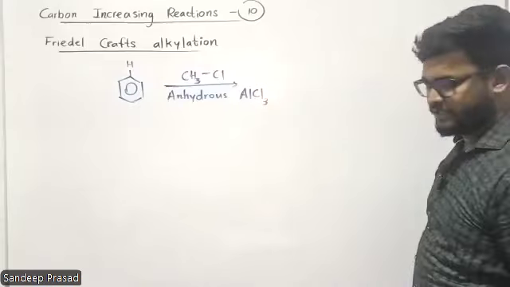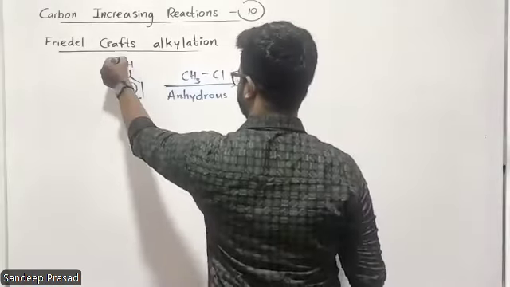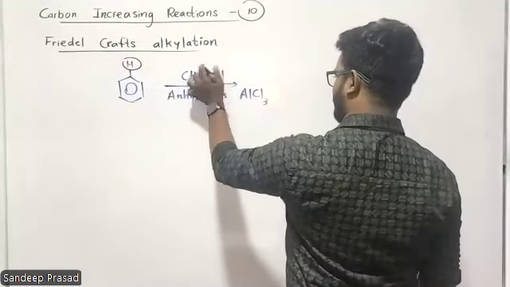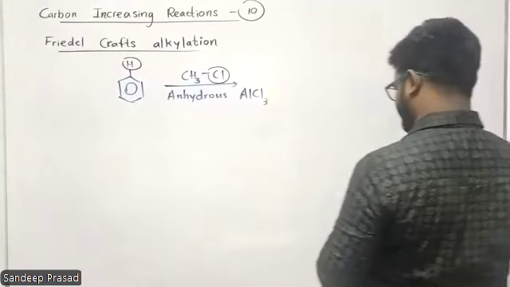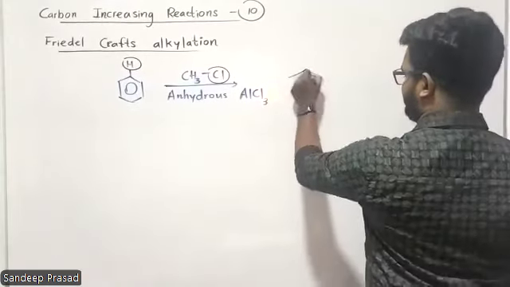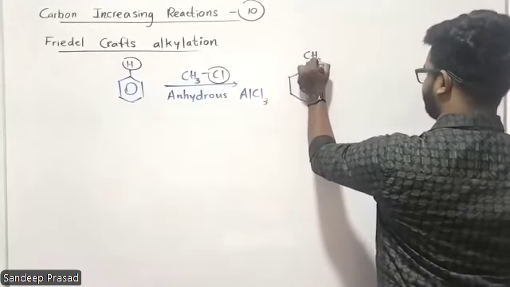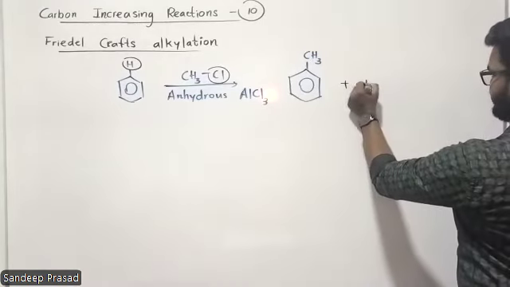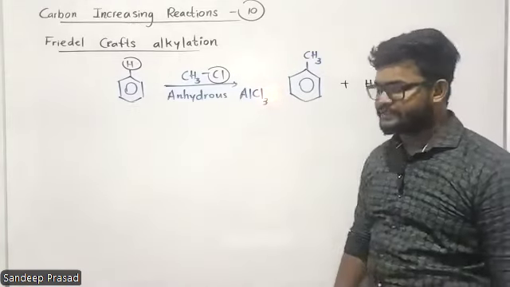Then this hydrogen is eliminated from the benzene ring along with the chlorine atom in the alkyl halide. Then CH3 comes instead of that hydrogen, producing methyl benzene or toluene. The byproduct of the reaction is HCl. We have already discussed this one under the theories.